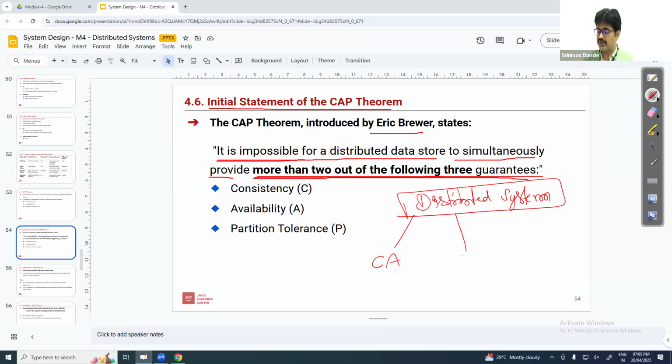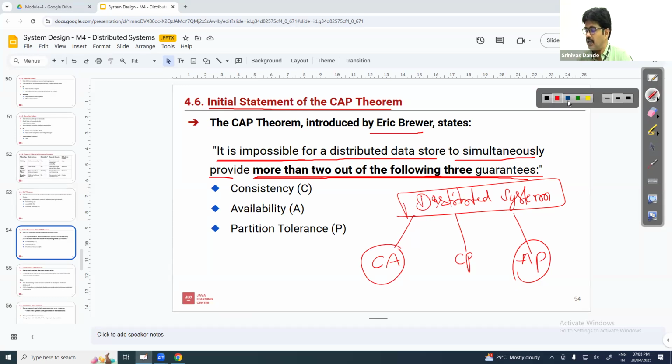Writing all the possibilities first: your distributed system may get availability and partition tolerance, or consistency and partition tolerance, or consistency and availability. The possibilities are 3, and any 2 you can get.